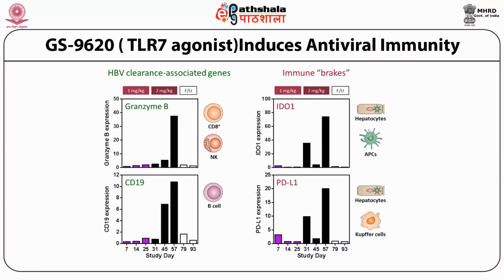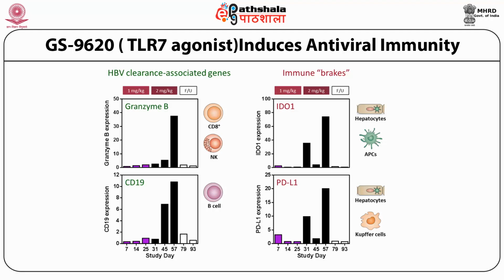Again, in this slide, I am explaining how the TLR7 agonist induces antiviral immunity. It increases the CD8 positive and NK cell functionality, and they secrete more granzyme B than if you had not used the agonist. It also increases the functionality of B cells.